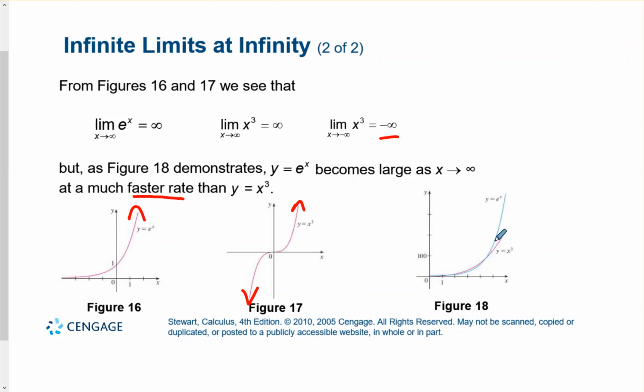Notice the sharper turn upwards for e to the x compared to x to the third. That's going to be a lot of times the case. If you have an exponential function versus a cubic function, the exponential function is going to definitely increase at a faster rate.